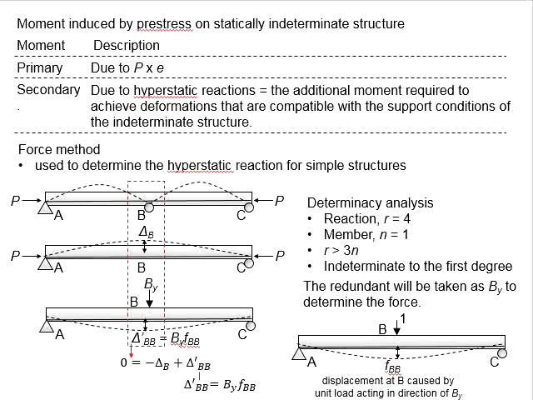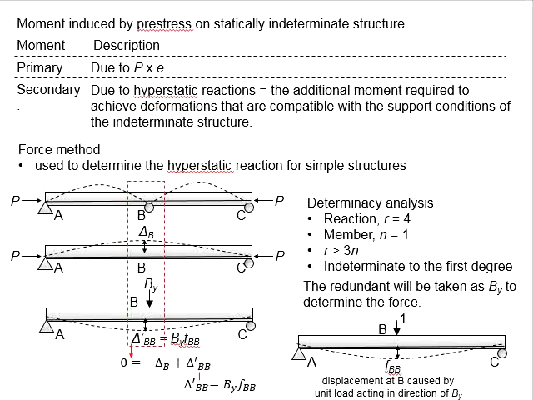More specifically, a structure is considered determinate when R equals 3n. The R here represents the number of reactions, and the n represents the number of members. When R equals 3n, you may use the three equations of static equilibrium to solve the simply supported member.